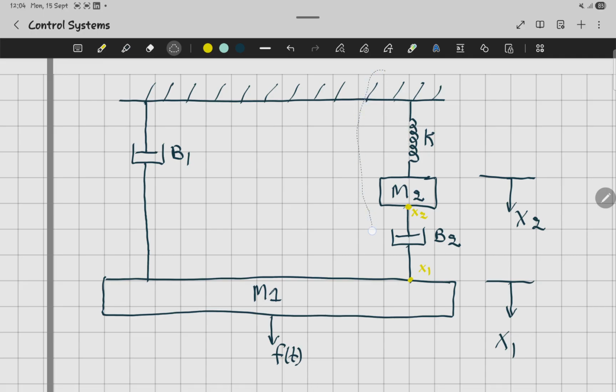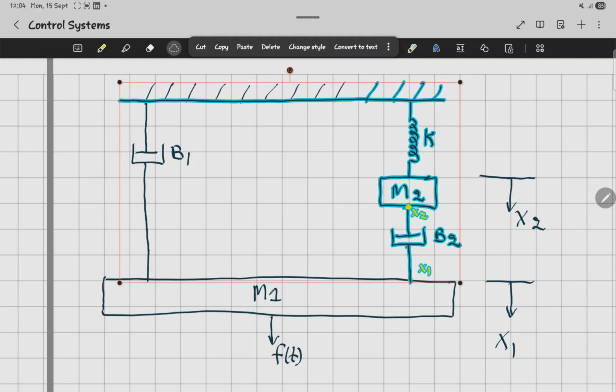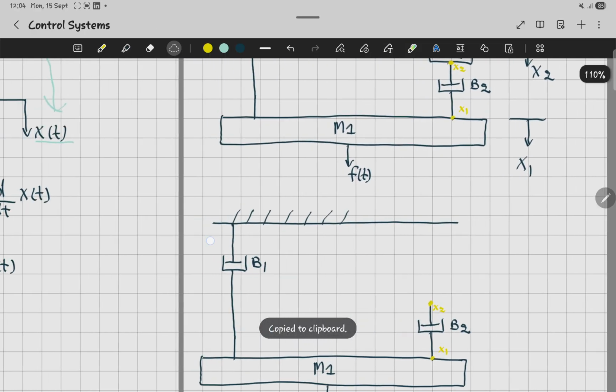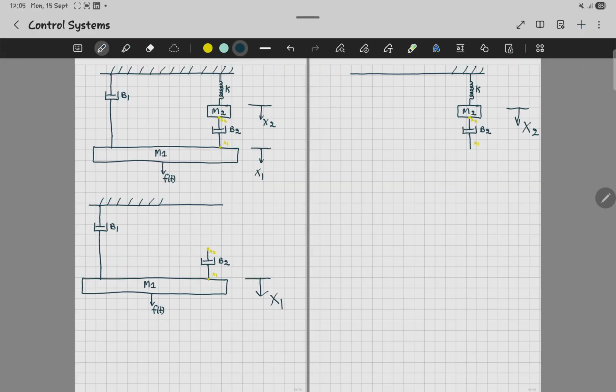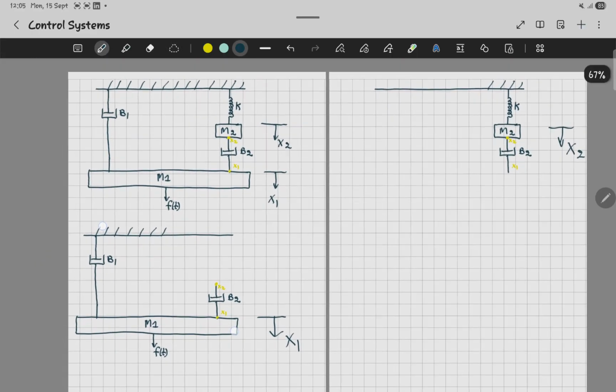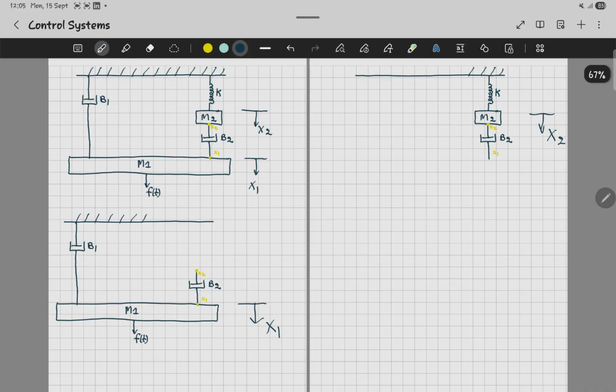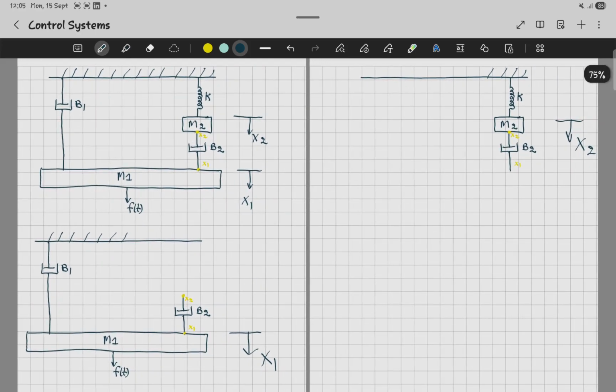So this is for mass 2, it's connected to mass 2 from the top to the bottom. So this is what you're gonna get. We just separate them so you can see what is connected to the mass and what is not connected to the mass. Each mass with the component connected to it.